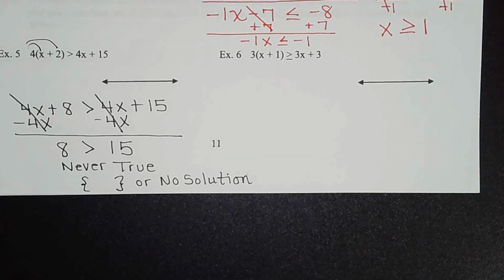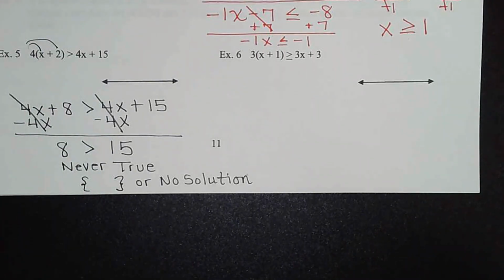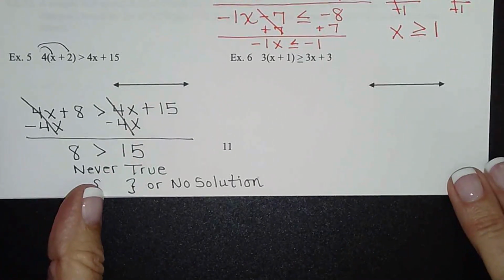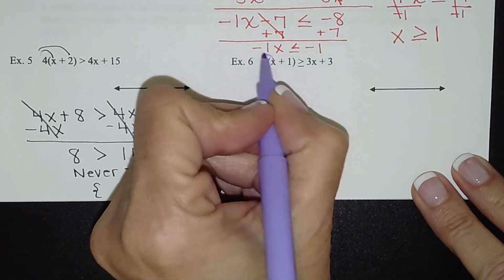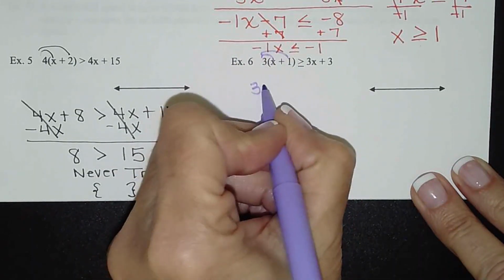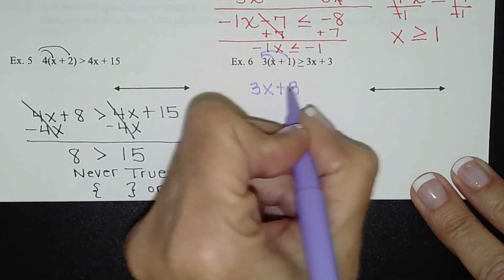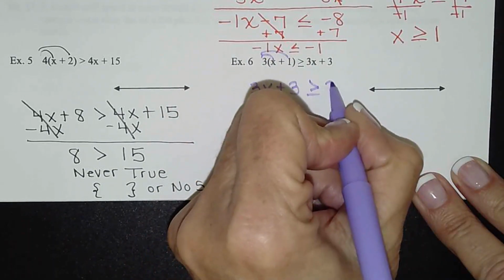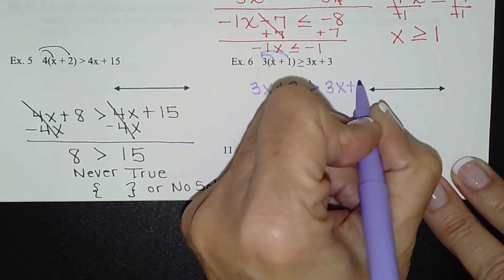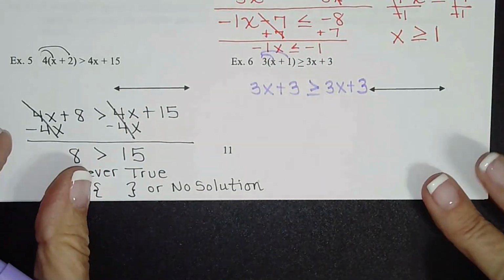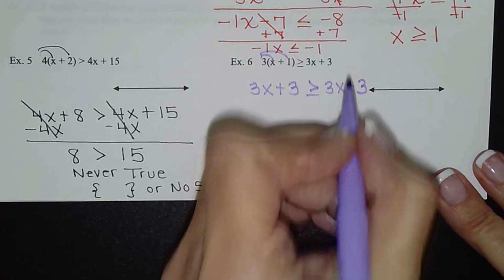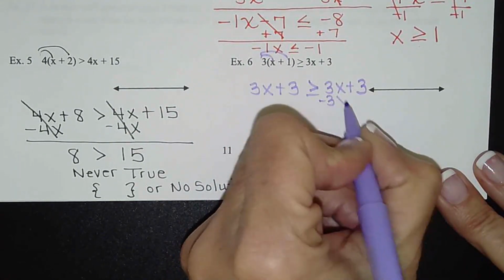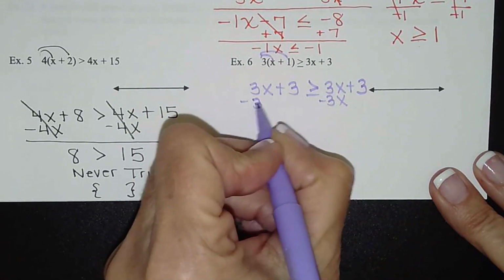Okay, last one on this video. So we have 3x plus 3 is greater than or equal to 3x plus 3. So we need all of our x's on the left, so do the opposite.